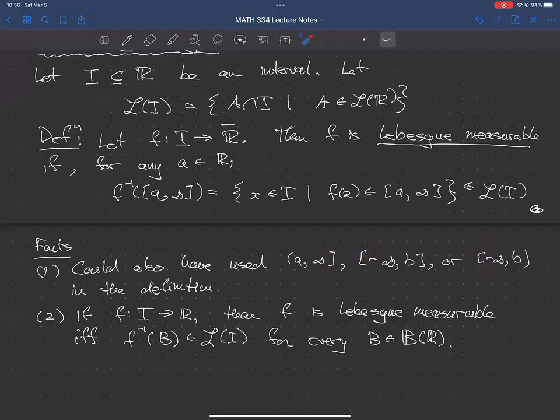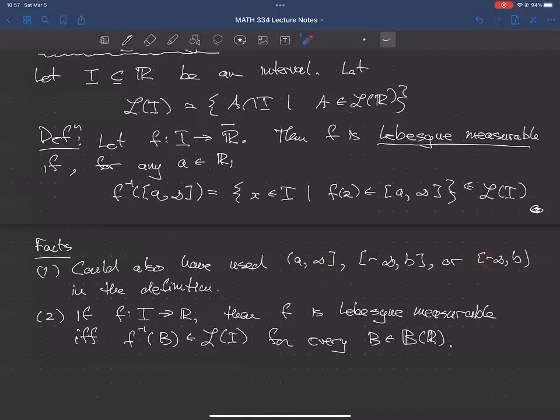So why is that true? Well, simply because when you take any open set, if it's unbounded, then it's already going to be contained in one of these intervals. And if it's bounded, then it's going to be contained in an intersection of intervals like this, an interval like this with an interval like this.